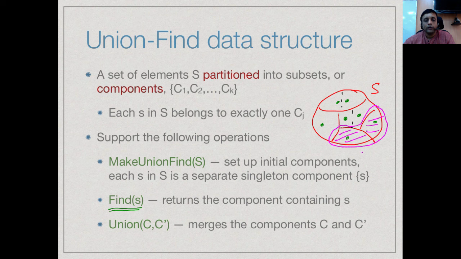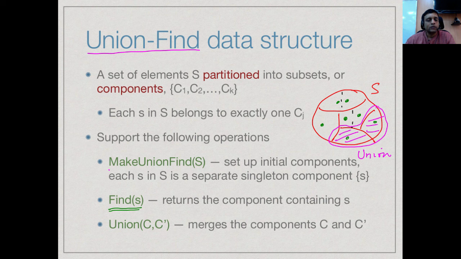We call this union. So there is a union operation which merges partitions together, and there is a find operation which has to keep track of which partition an element belongs to, because over time the partition it originally belonged to would have got merged with other partitions. Because of these two operations, union and find, we call this a union find data structure, a data structure which supports these two operations efficiently.